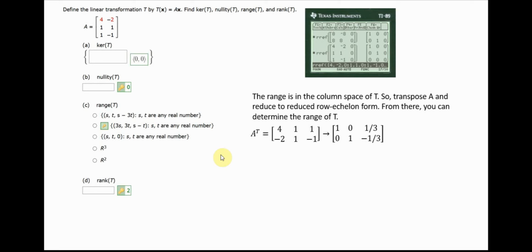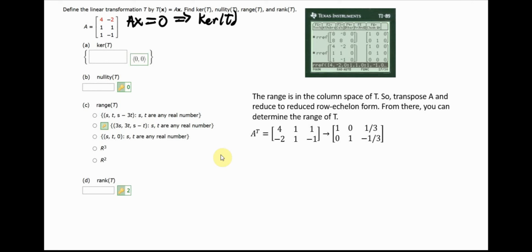So here, find the kernel of T, the nullity of T, the range of T, and then the rank of T. Now the kernel and the nullity are related. The nullity is just the number of vectors in the kernel. The kernel of T is the same as the solution space for AX equal to 0. So when we solve AX equal to 0, we are actually getting the kernel of T.